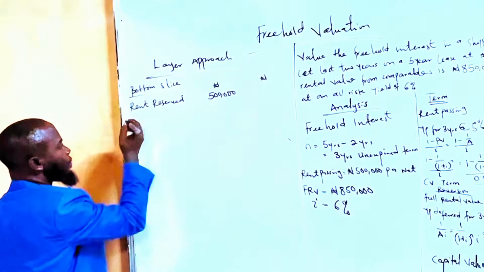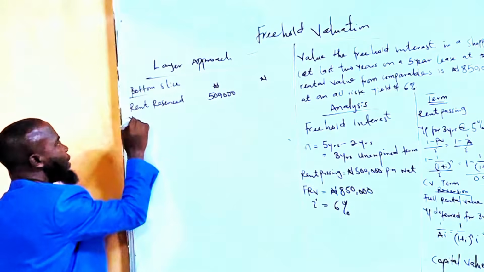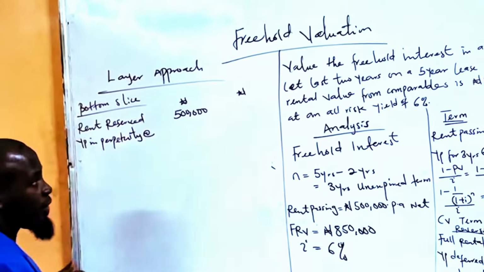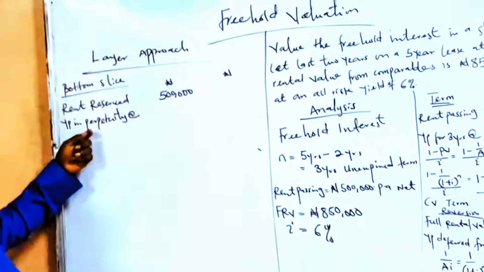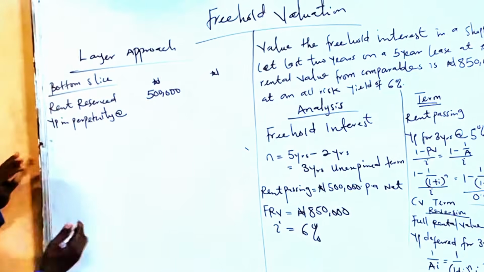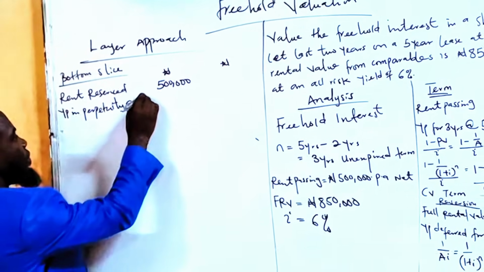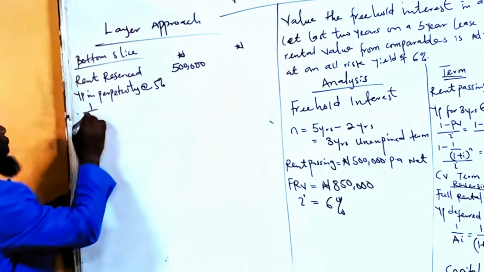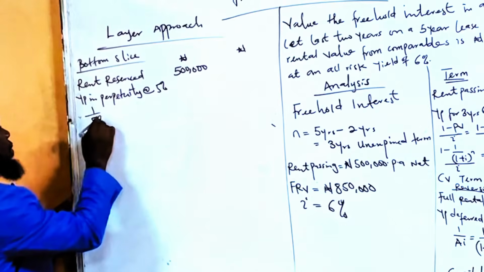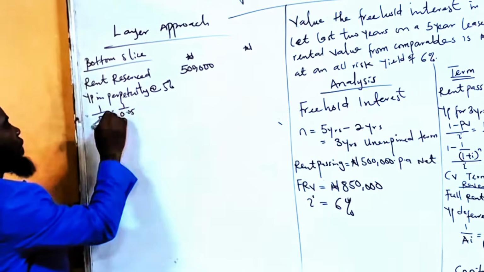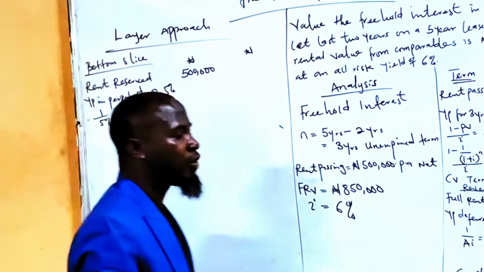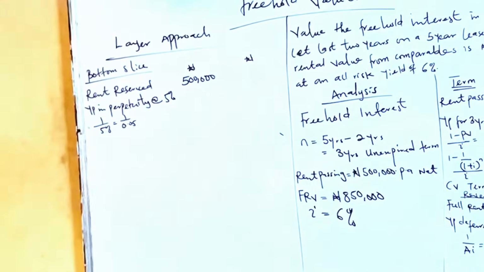So YP at 6%, right? Your I here will be lower compared to the second one, so you can see we maintain our 5% here. So 1 over 5%, that is 1 over 0.05. 1 divided by 0.05, we use our calculator, we should have 20.